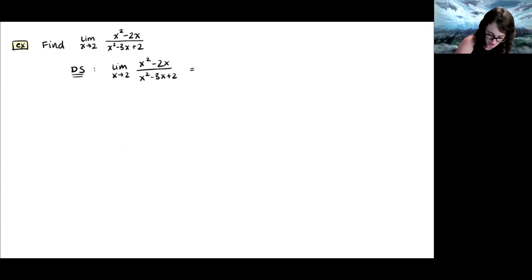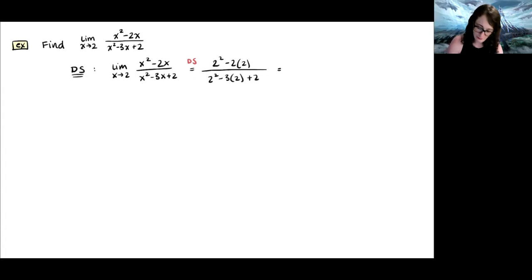If we were to directly substitute in, this would give us 2 squared minus 2 times 2 over 2 squared minus 3 times 2 plus 2. Up top we have 4 minus 4. Down bottom we have 4 minus 6 plus 2. Up top we have a 0. 4 minus 6 is negative 2, plus 2 is 0.